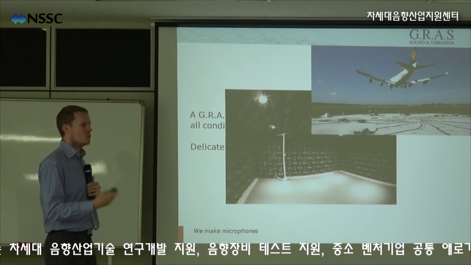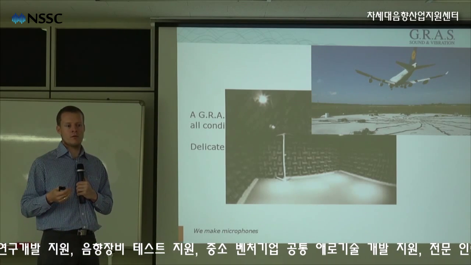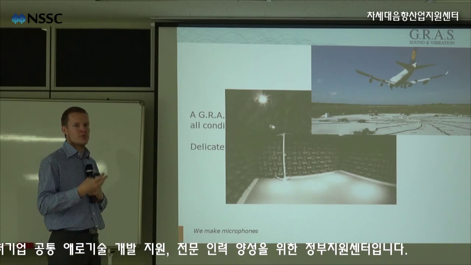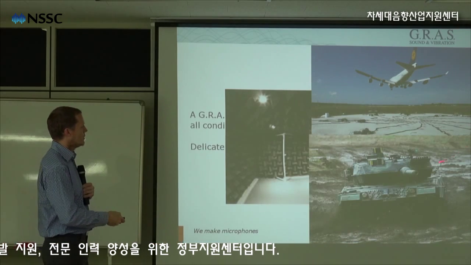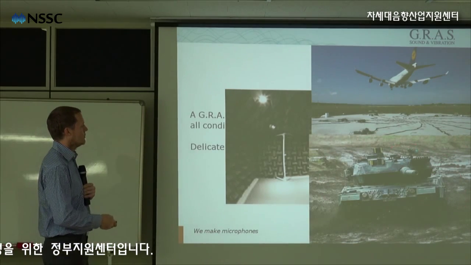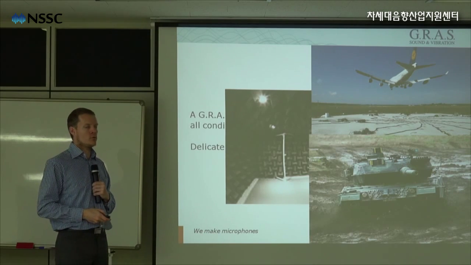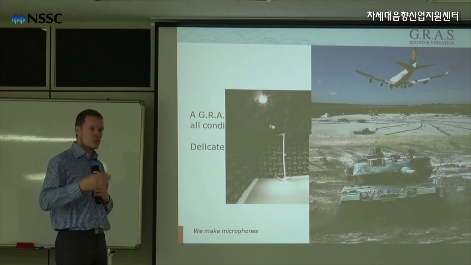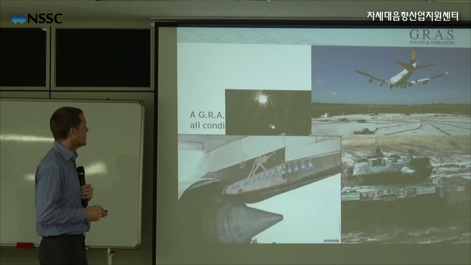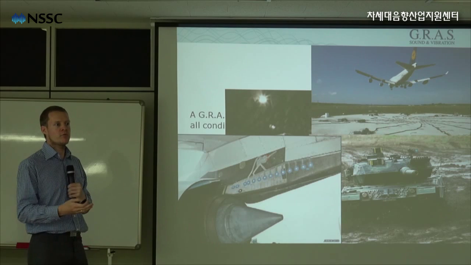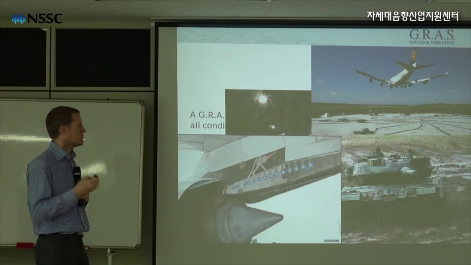You have rain, you have wind, you have different things that can affect the performance of the measurement microphone. If you put it on a tank, you will have some vibration that will affect the microphone and alter its performance. So all these things, we are testing it. We're testing the microphone to be the best and to be the most robust.